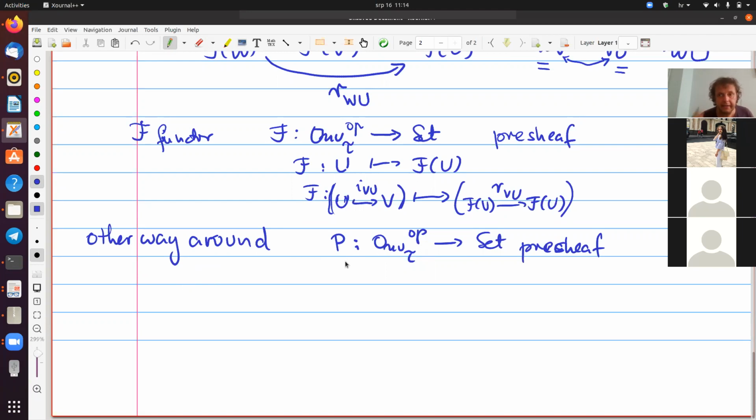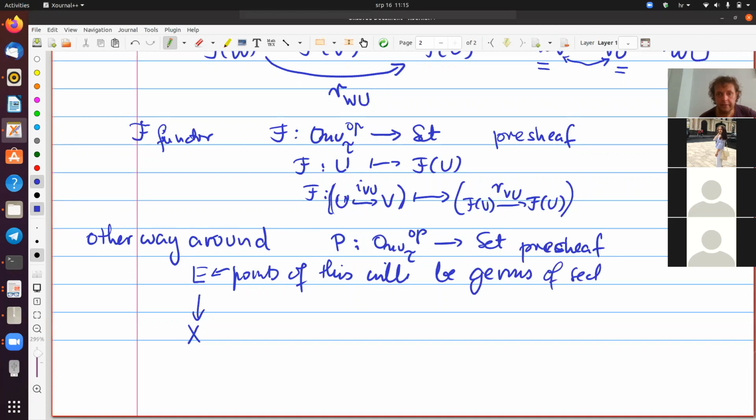by defining the étale space, namely you have to define this E. Before we had this E over X. So I have to define what the points of this are. Points of this will be germs of sections. What does that mean?